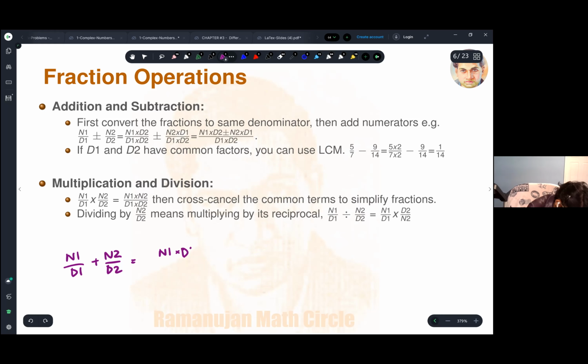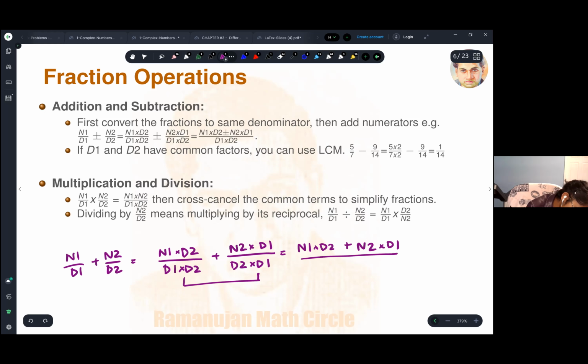So you would do n1 times d2 over d1 times d2, plus n2 times d1 over d2 times d1. Obviously these two denominators are the same. So when you add them, you get n1 times d2 plus n2 times d1 divided by d2 times d1. And for subtraction, it's similar. The sign just changes to a negative.